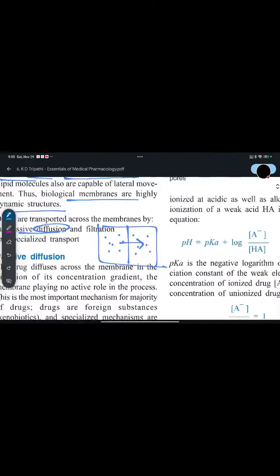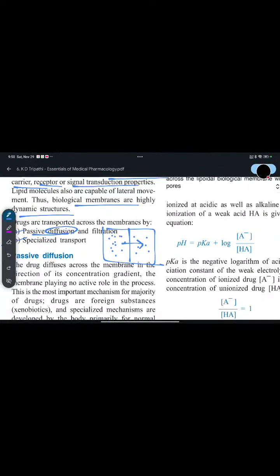In the highly concentrated solution the concentration of the substance will be more, and in the weakly concentrated solution the concentration of the substance will be less and the concentration of liquids such as water will be more. In that case, water will go from low concentration to high concentration.